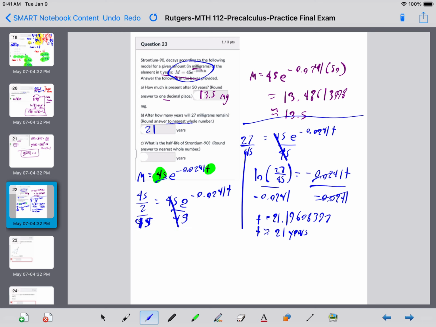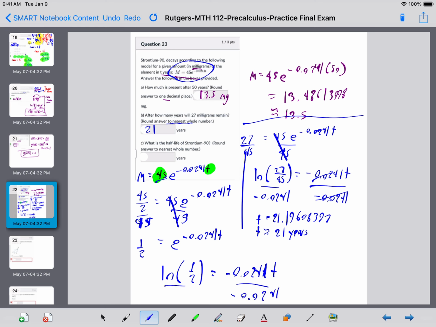Should get 1/2. Yep, you get 1/2 equals e to the negative 0.0241t. You would do log base e, so ln, of your answer 1/2 equals the exponent. And then you could divide by the negative 0.0241.